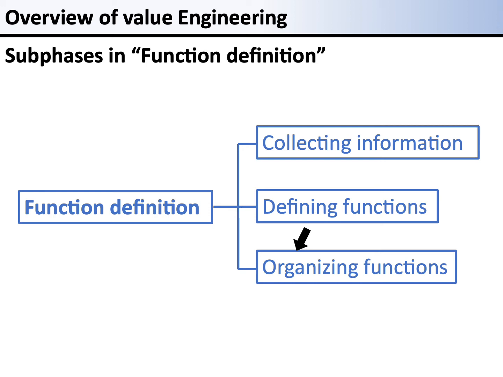At the subphase of organizing functions, the defined functions are organized with respect to the relationship of means and objective to develop a functional system diagram. The subphase of organizing functions visualizes for what objective the VE target exists.